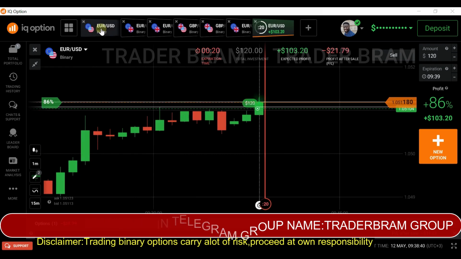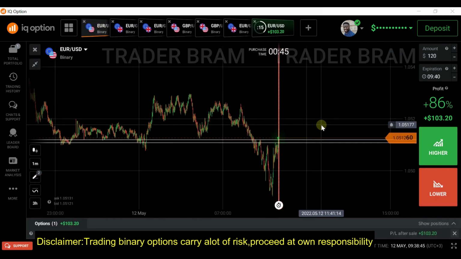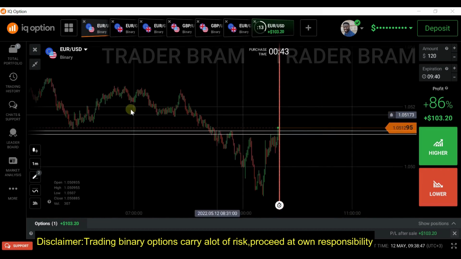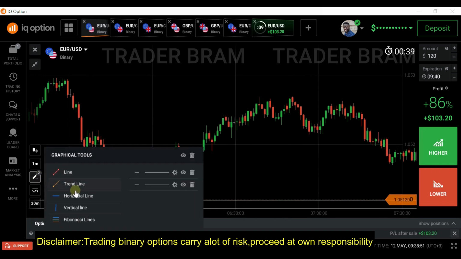So we are breaking the area of support and resistance. So let's wait and see if we can break the level fully. When you check on the left, we have another area here.